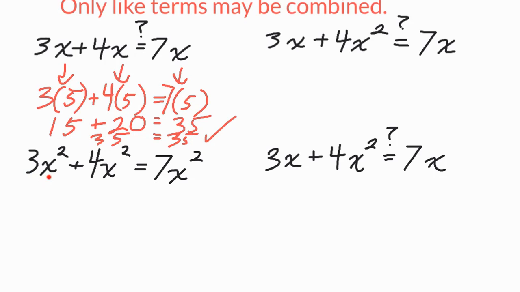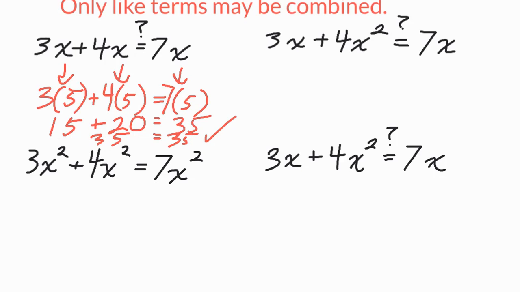Here I have 3x to the second power plus 4x to the second power. These are also like terms, because both of them have x to the second power. So we should be able to add the 3 and the 4 and get 7x squared.